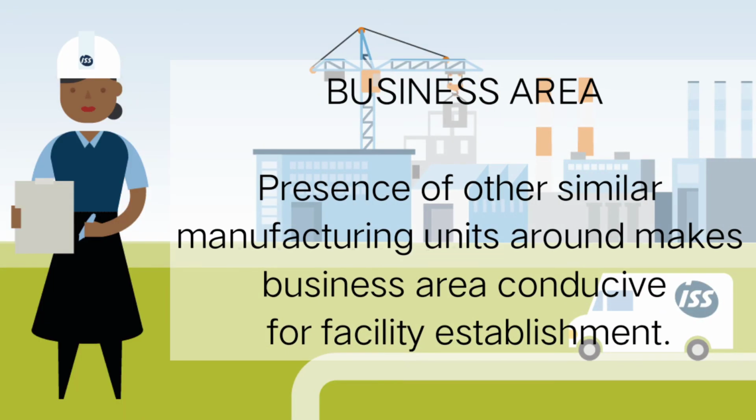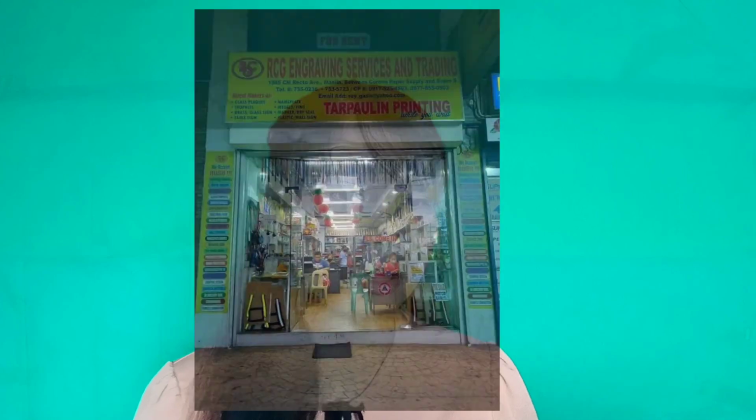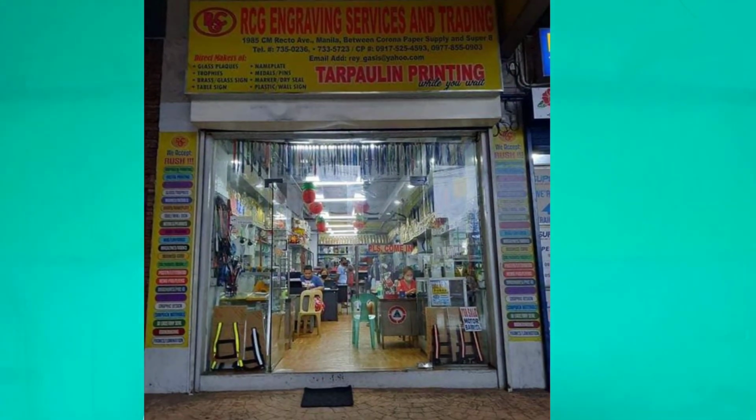Number 2 is business area. Presence of other similar manufacturing units around makes business area conducive for facility establishment. For example nito, or perfect example nito is yung makikita natin sa Quiapo, sa Divisoria or sa Recto. Makikita natin sa Recto, tabi-tabi yung bilihan nila ng mga trophies, ng mga paggawaan ng mga certificates.